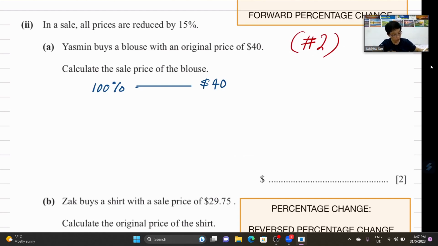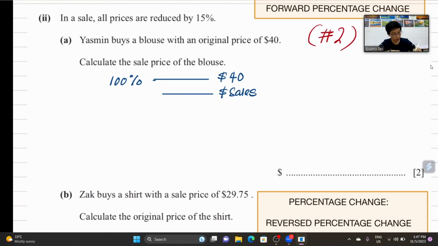Now the sales price is associated with what percentage? Reduced by 15, meaning 100 reduced by 15, and that gives you 85%.